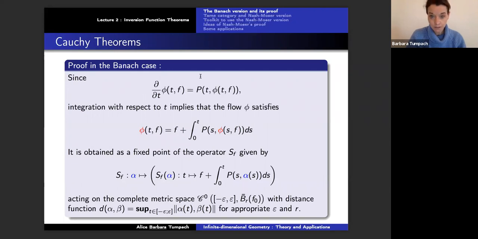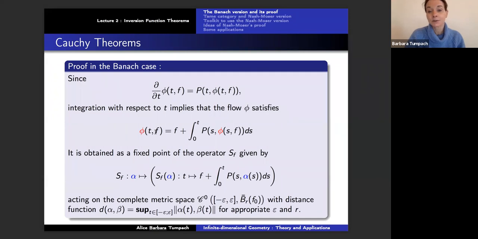If we integrate with respect to time, using the initial condition that at time t0 we are at f, then we get that the flow at time t starting at f at time t0 is equal to f plus the integral of the vector field.